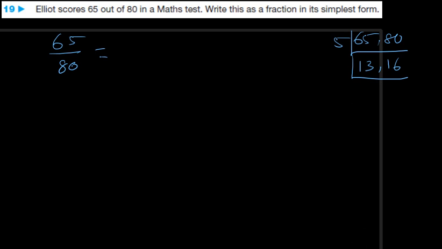So 5 into 13 equals 65, 5 into 16 equals 80. So 65 could be written as 5 into 13 and 80 as 5 into 16. So we can cut this 5 and 5. The balance is 13 by 16, which is the simplest form. Fine.